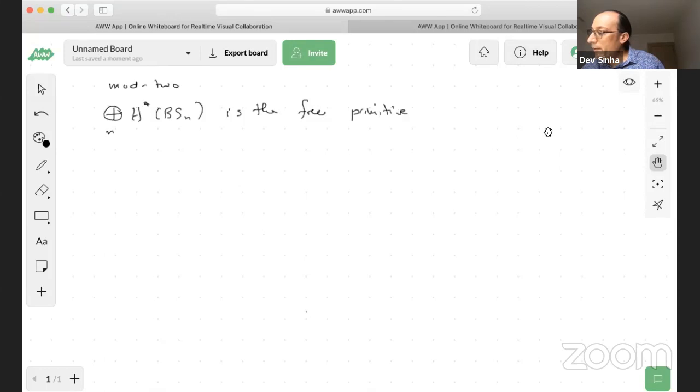Some of these things we'll have to define for you. So it's free primitively generated. In component, that's going to be the simplest thing. That's basically almost by definition.